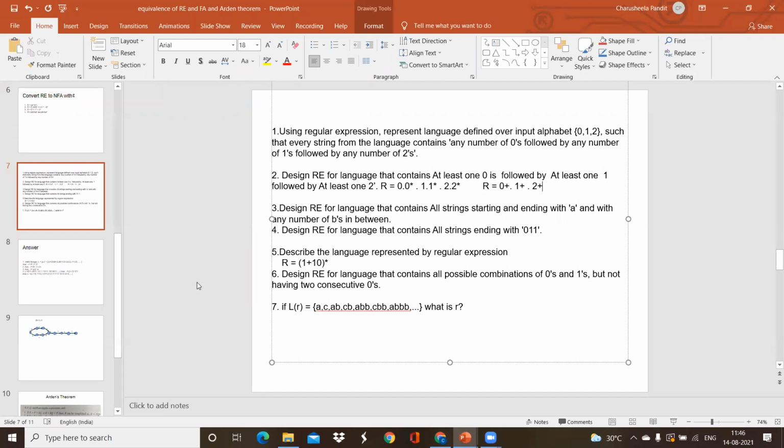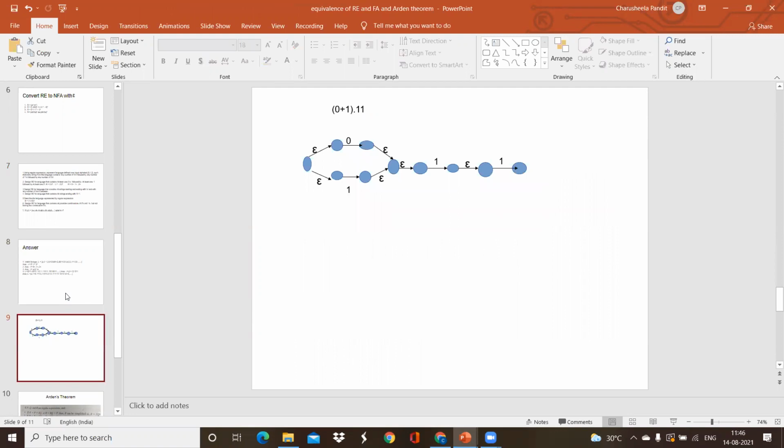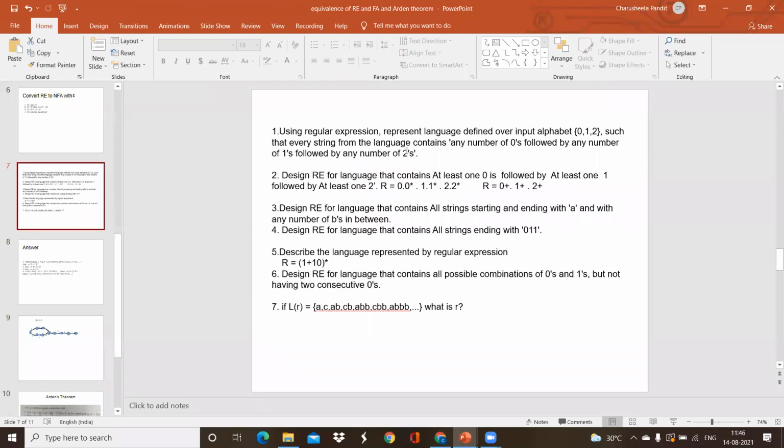When I share the presentation, you will find the answers of all the 7 on the next slide. For all regular expressions, you should try to draw the NFA. For all these 7, you should draw NFA.